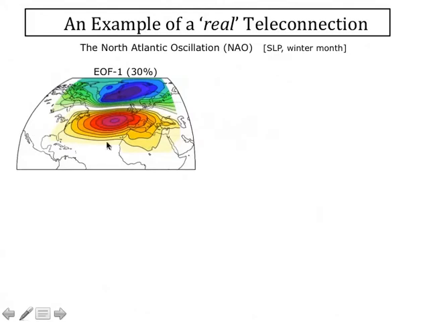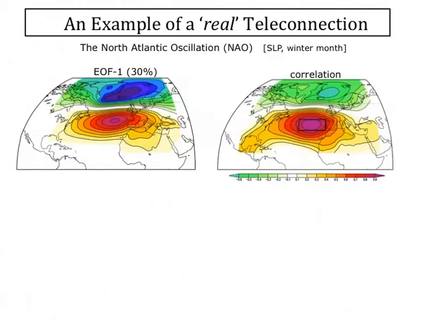I think one of the most famous ones, which probably also introduced this EOF analysis, is the North Atlantic Oscillation, which has been known before people used principal component analysis. It's a pressure system in the North Atlantic: when there is high pressure in the Azores and the subtropics, there tends to be stronger low pressure over Iceland. So there's a strong relationship between what's going on in Iceland and in the Azores, and it more or less controls the winter weather in Europe and a little bit in North America.